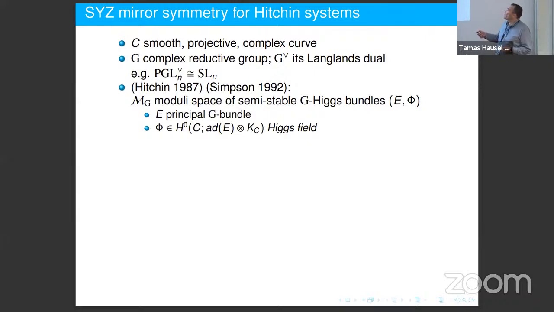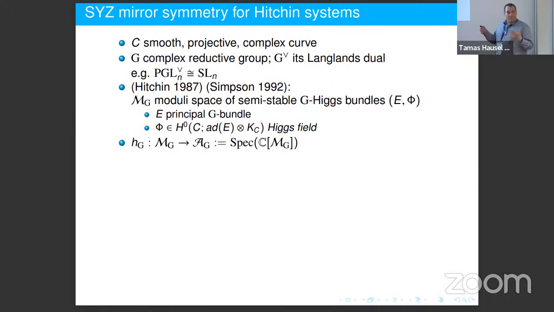The best view on this adjoint bundle, which is just the principal bundle in the adjoint representation, is that the fibers are a copy of the Lie algebra itself. So whatever you can do with the Lie algebra, you can try to do it with the Higgs field as well.